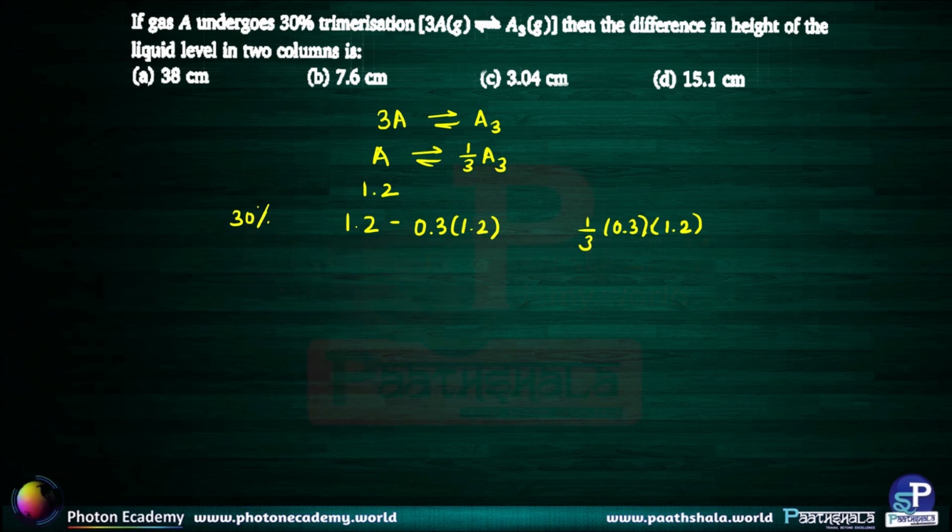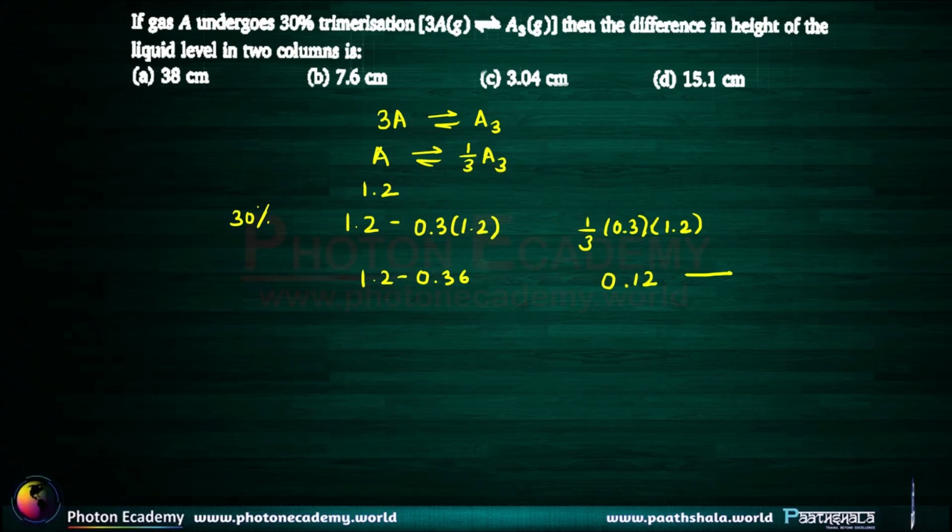So on the left hand side, we are left with 1.2 minus 0.36, and on the right hand side, we have 0.12 atm for A3. So the total pressure comes out to become 0.96 atm. Okay.